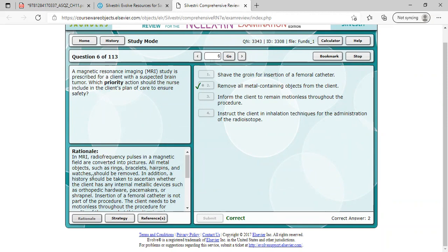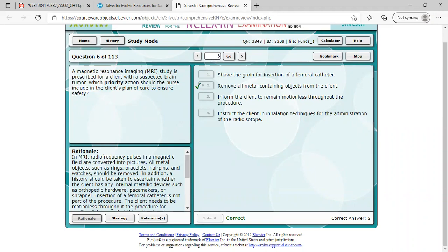In addition, a history should be taken to ascertain whether the client has any internal metallic device such as a pacemaker or any orthopedic or orthodontic hardware.